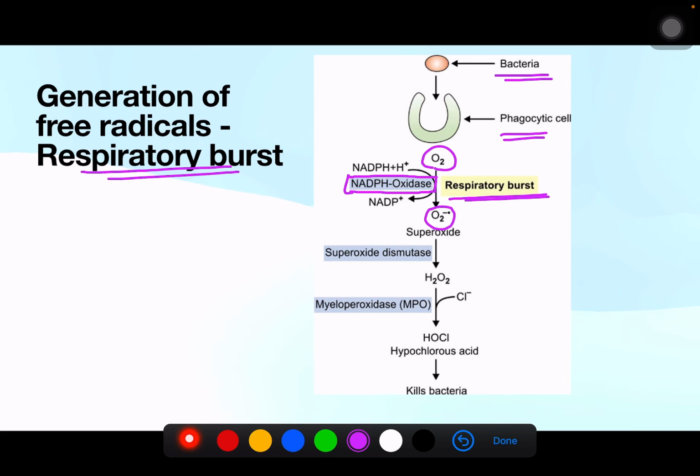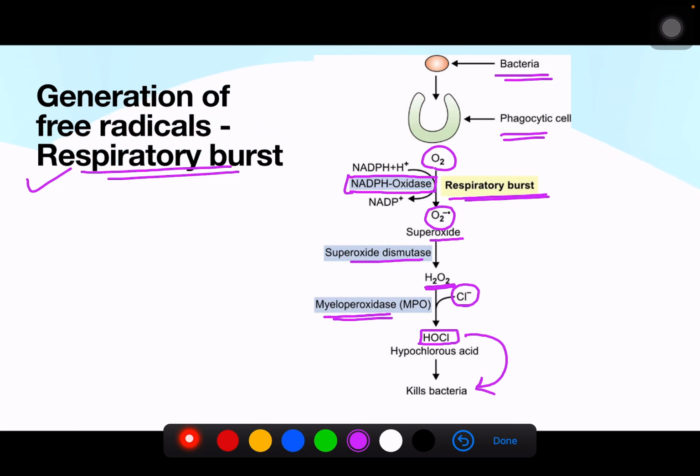Now this superoxide is converted to hydrogen peroxide by superoxide dismutase. Now hydrogen peroxide combines with the chloride ion to form hypochlorous acid by the enzyme myeloperoxidase. Now this hypochlorous acid kills bacteria. So this is responsible for the antibacterial mechanism.